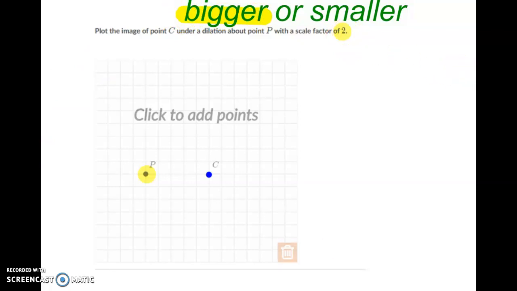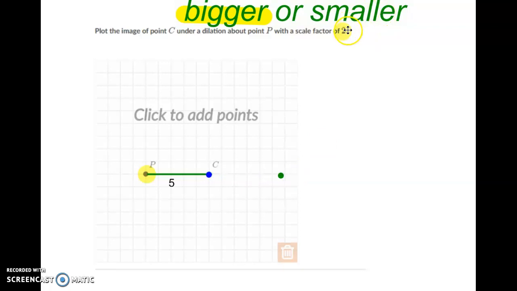When I look at this distance between P and C, I have to make this distance from P twice as big. If I count those squares, I see this is 5 squares long. So when you grab this blue dot and drag it, how far do I go? When do I stop?